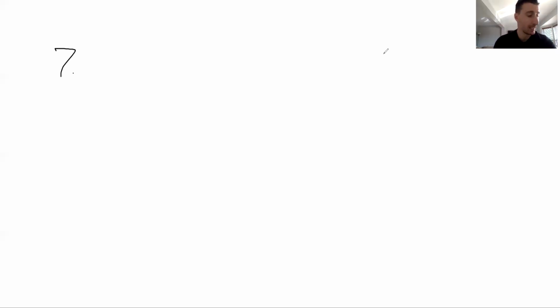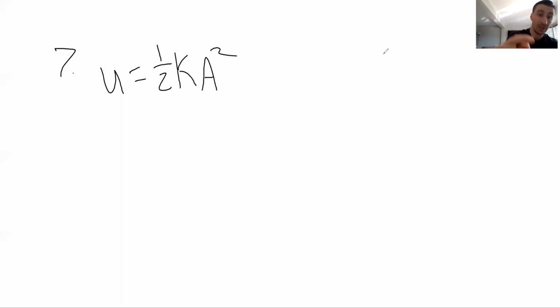So let's look at total mechanical energy here. We know that, if we're talking about amplitude, let's look at the potential energy. So U equals 1/2 K amplitude squared, so that takes care of that. If I double the amplitude, it says I'm going to increase it from 6 to 12.